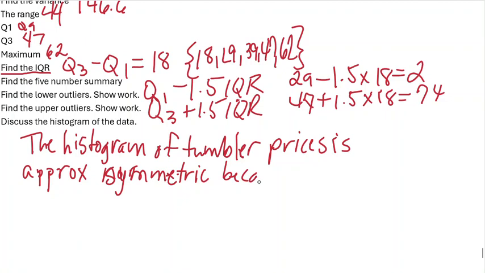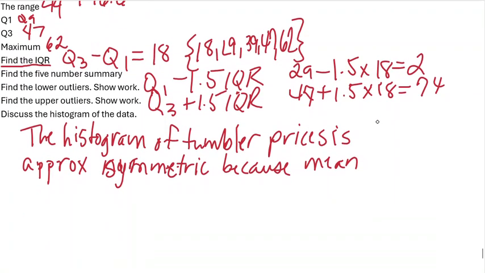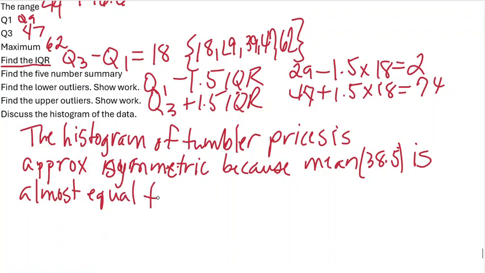Because the mean, which was 38.5, is almost equal to the median, which was 39. So I've done the shape.